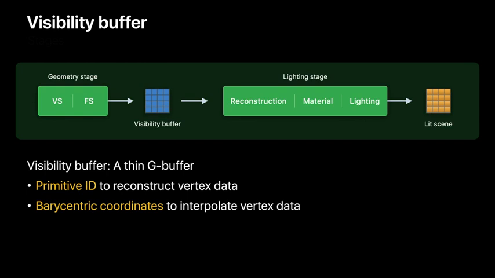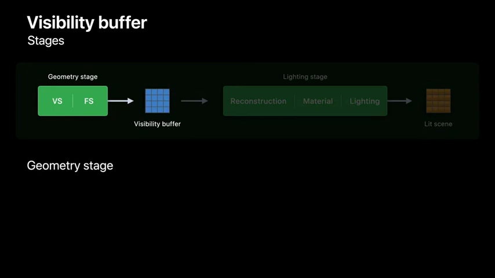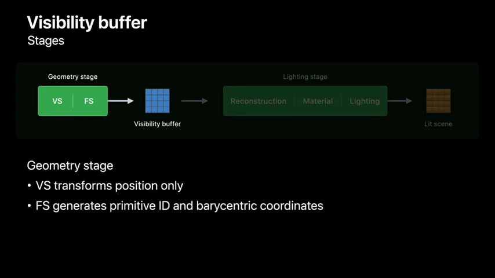Let's take a closer look at the two stages of the visibility buffer pipeline. At a high level, the visibility buffer approach has two stages: the geometry stage, which produces the visibility buffer, and the lighting stage that consumes it. In the geometry stage, the vertex shader's transformation only generates the position needed for rasterization.